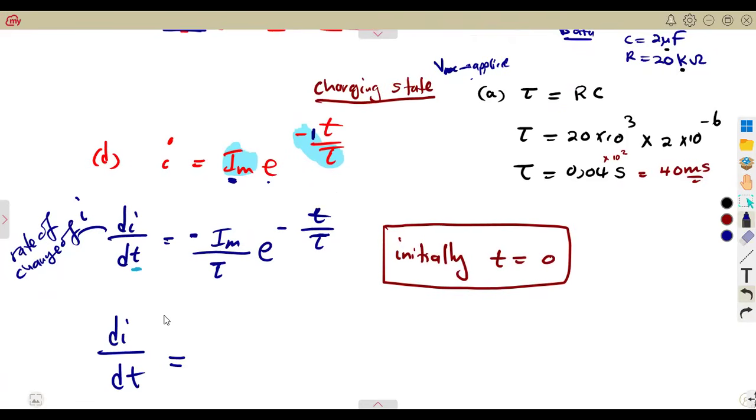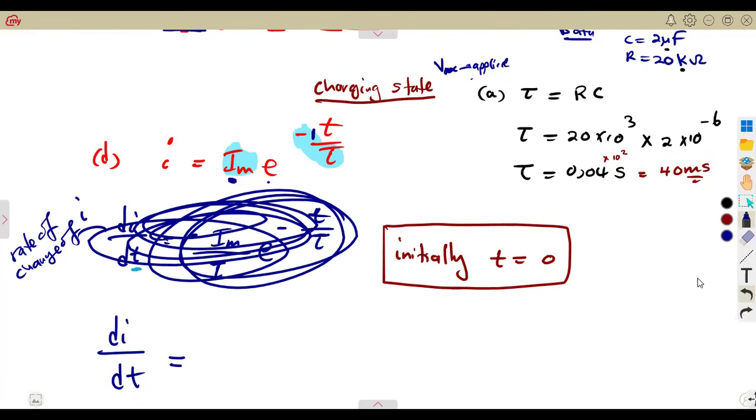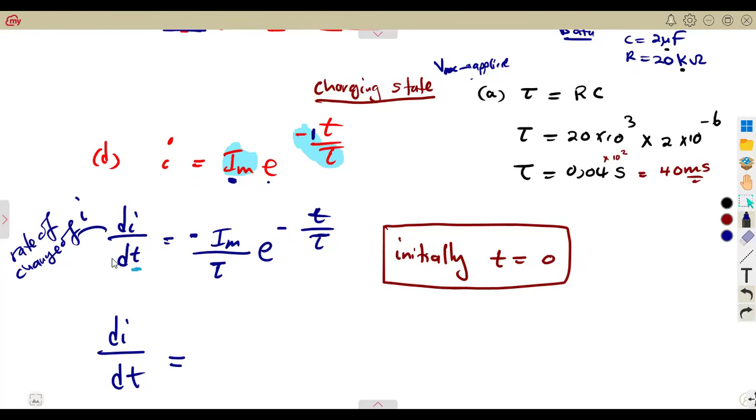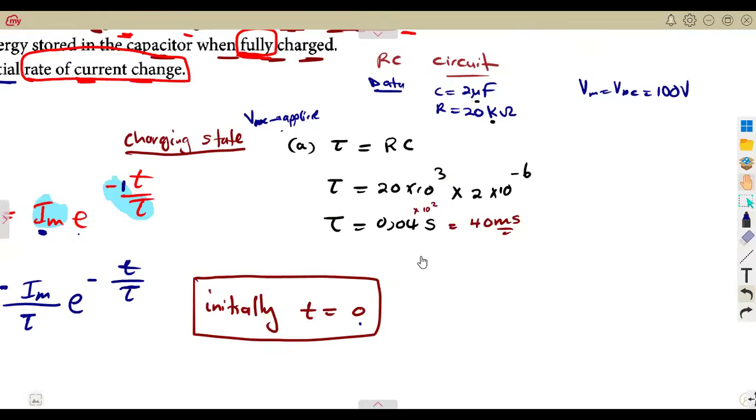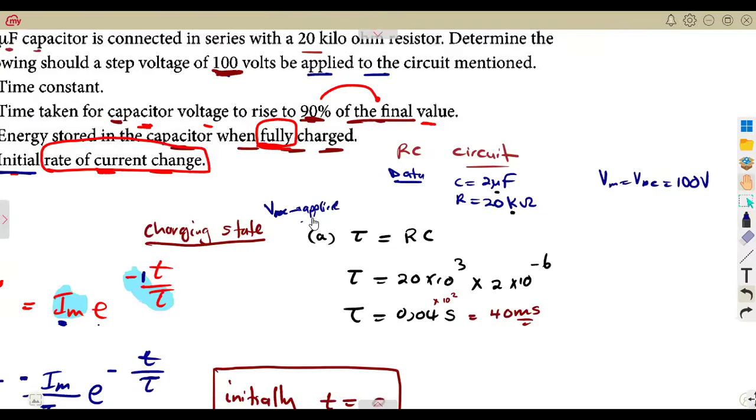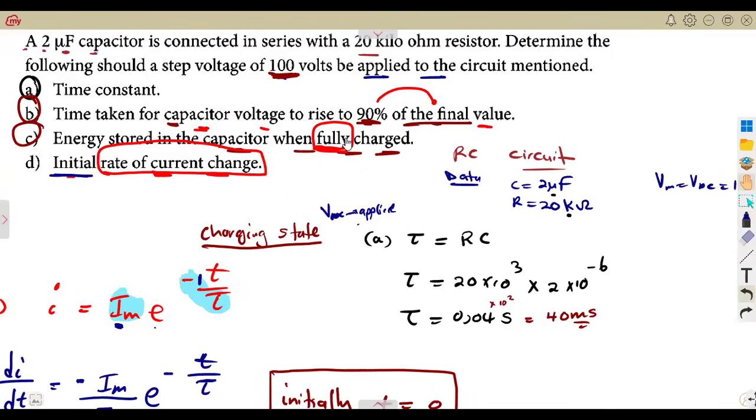What is the answer now? This was a presentation of the rate of change of current. But what is that initial? What is the exact value when initially our time is at 0? So we're going to substitute what is Im. These values, Im, are we having this? Oh, we never calculated Im. Okay, so we can calculate that.